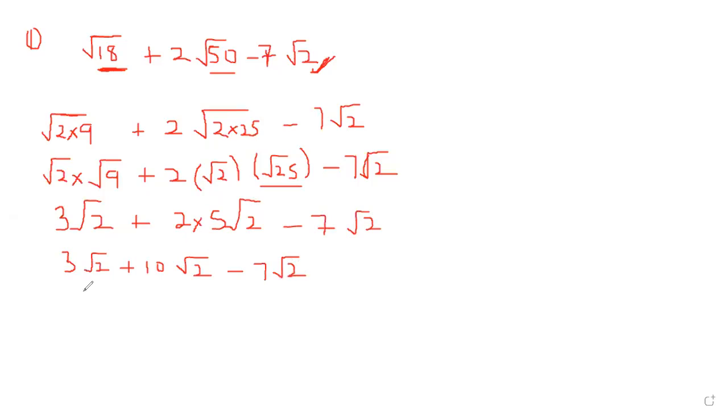So that should give us 3 plus 10 minus 7 in brackets, times root 2, which is a common set. So 3 plus 10 is 13, minus 7 will give us 6 root 2 as the final answer.